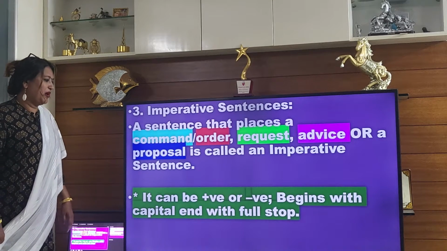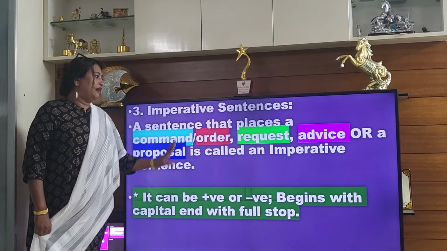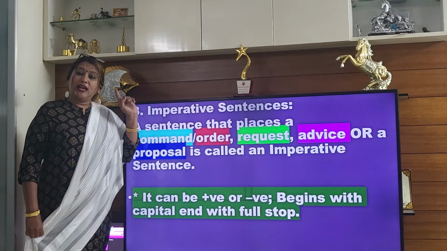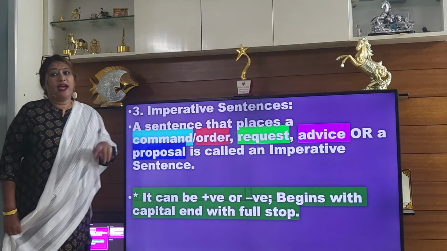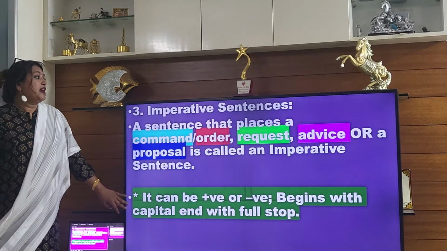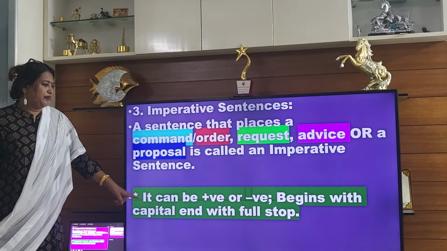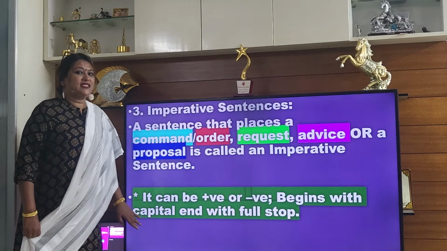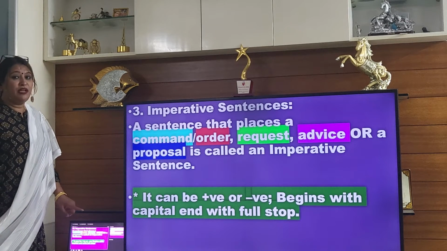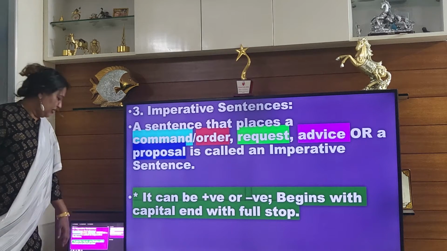Let's see the examples one by one. Same as in assertive sentences, imperative sentences can also be positive or negative. But they always end with a full stop and begin with a capital letter.